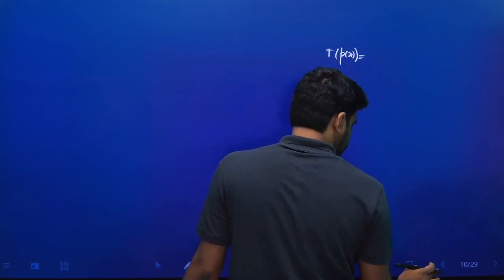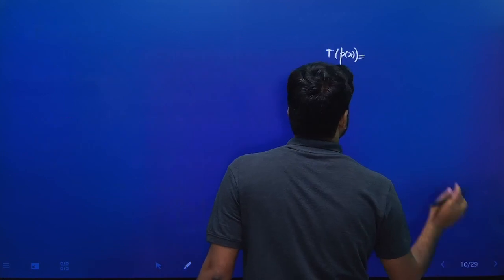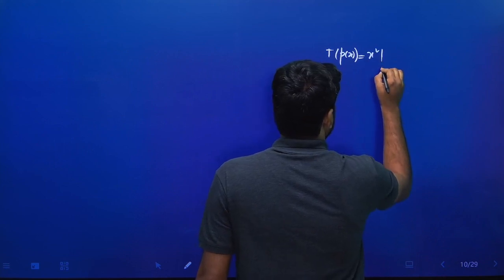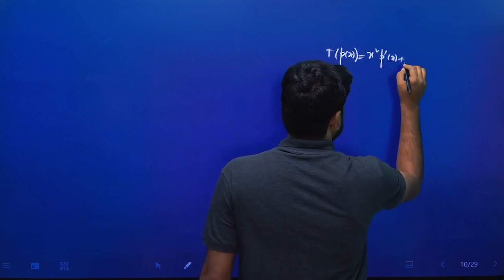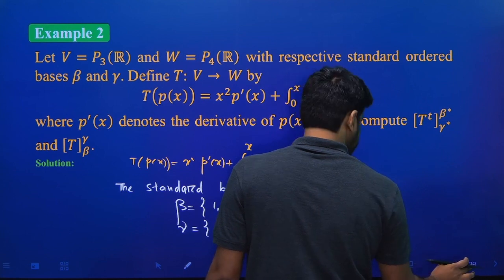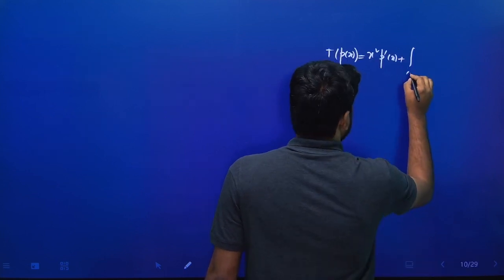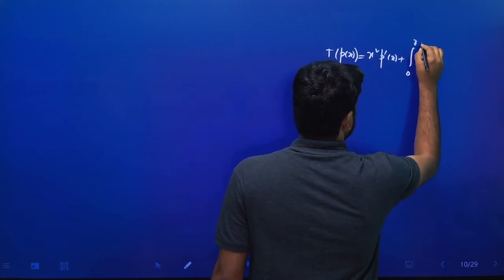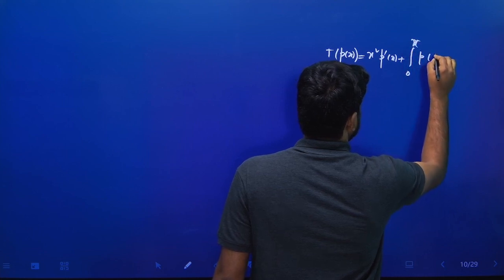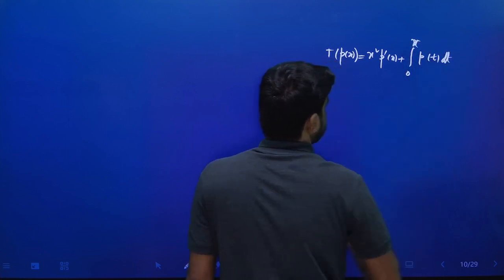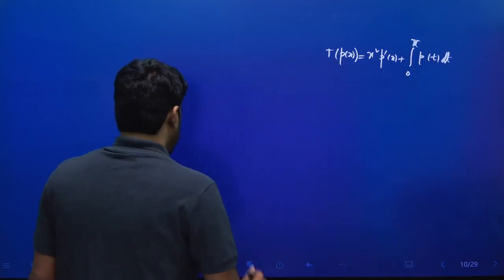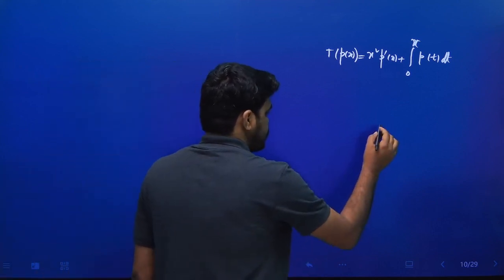T(p(x)) is x স্কয়ার p ড্যাশ x plus integration 0 to x p(t) dt, right?